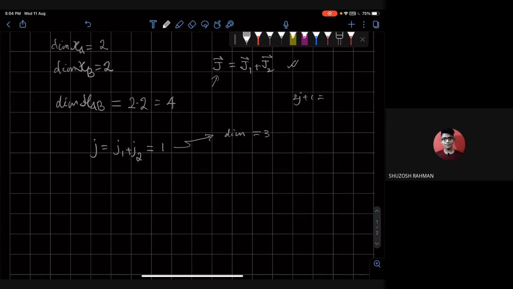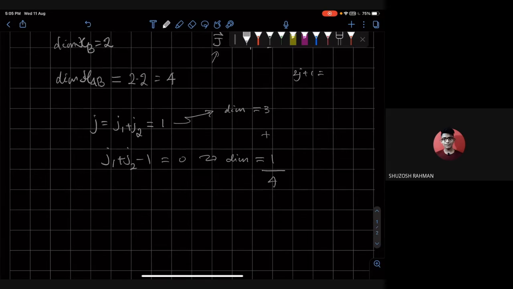And then there'll be another multiplet where it'll be J1 plus J2 minus 1, which in this case is 0. So what will be the dimension of that multiplet? It's going to be 1. Right. So these two will add up to 4. Okay.